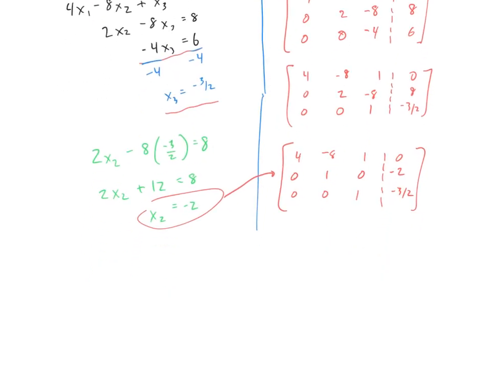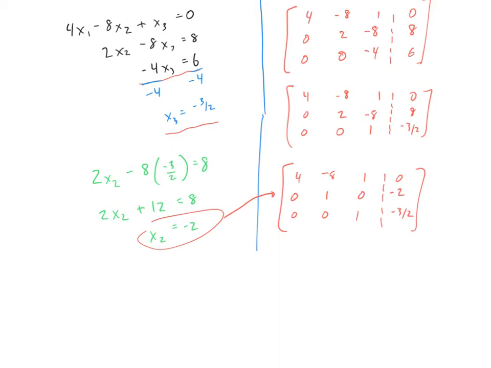All right, last equation, top equation, we're going to back substitute. There we go, now I can see it. So that top equation is 4x1 minus 8 times negative 2 plus negative 3 halves equals 0.